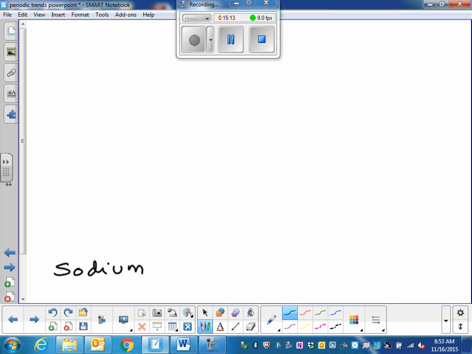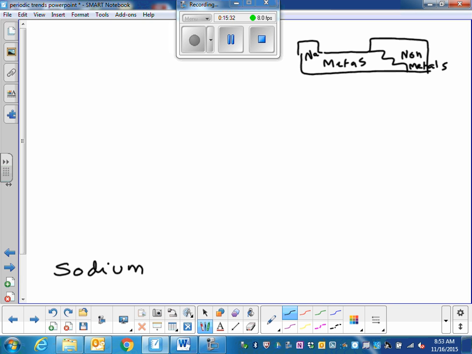All right, we should know this in a periodic table. What are these? These are the metals. These are the non-metals. Where is sodium on your periodic table? Right there. Group 1. Is sodium a metal or a non-metal? Metal. All right. Now sodium is in period 3. Do you see that?